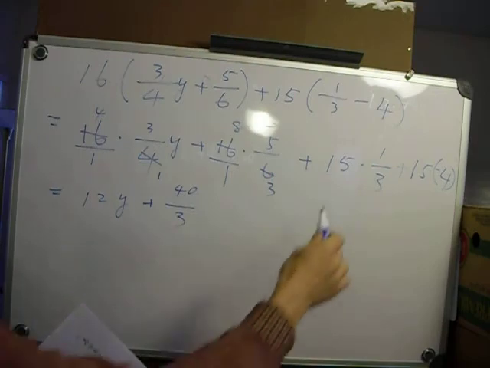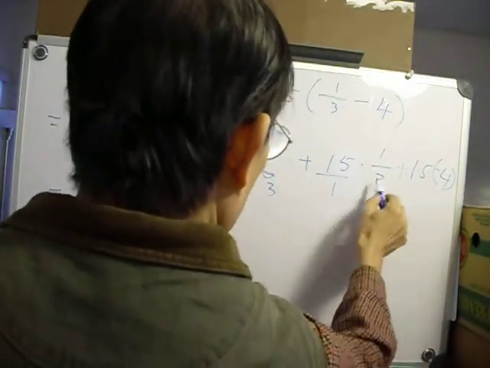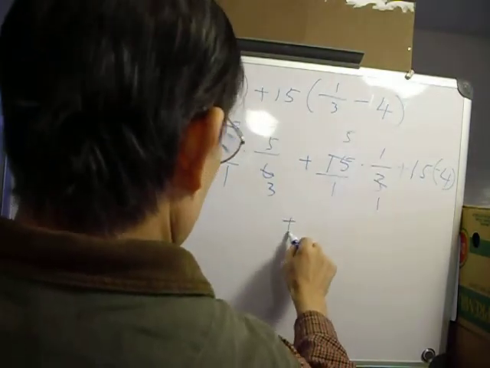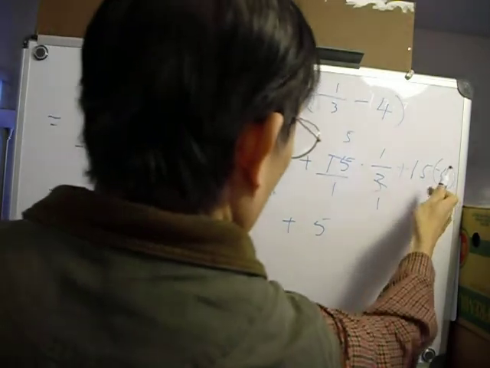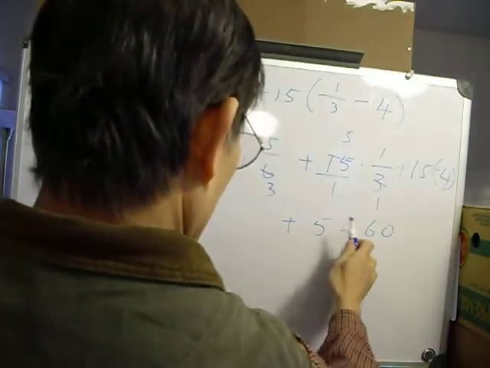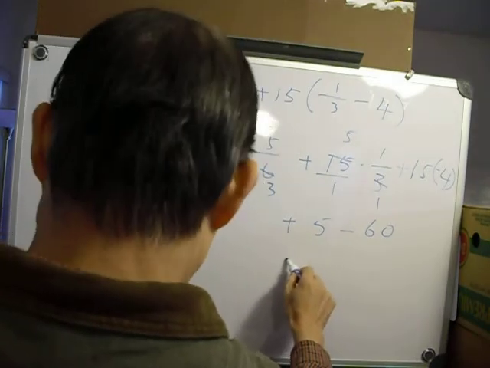Then this part, you handle it: put a 1 down here, 1 and 5, so this part is 5. This part, 15 times negative 4, negative 60. So if you add these two, you should have a negative 55 here.